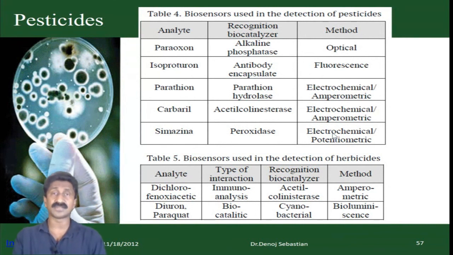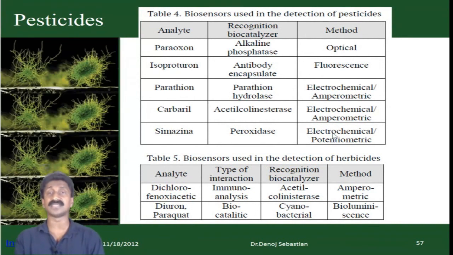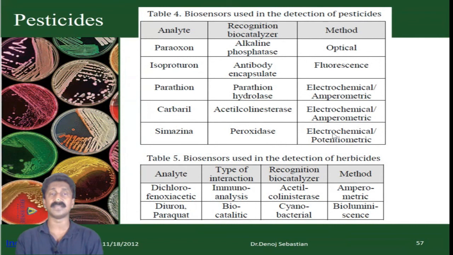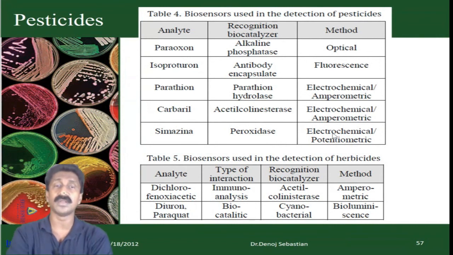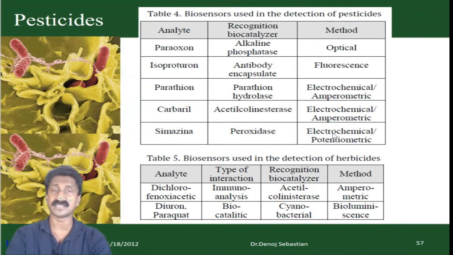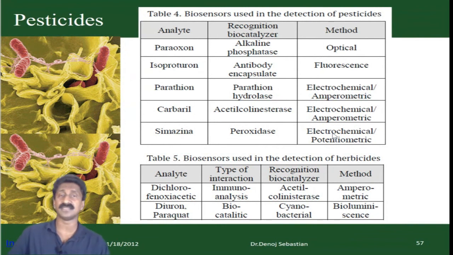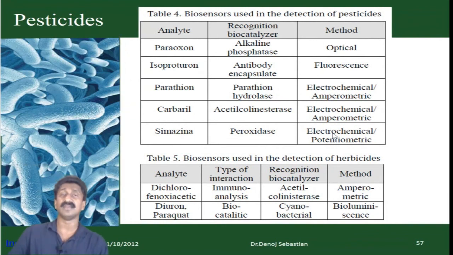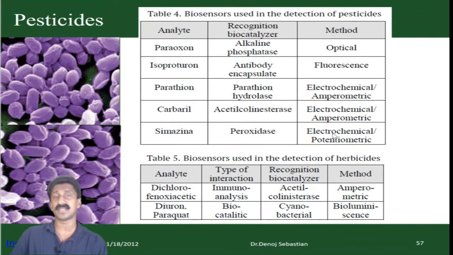The next table shows biosensors used in the detection of herbicides. There are phenoxyacetic acid, then diuron and paraquat. These are two herbicides that are used, and the type of interaction is listed. In the case of dichlorophenoxyacetic acid, an immunoanalysis-based interaction is there, and for the second one, a biocatalytic interaction.